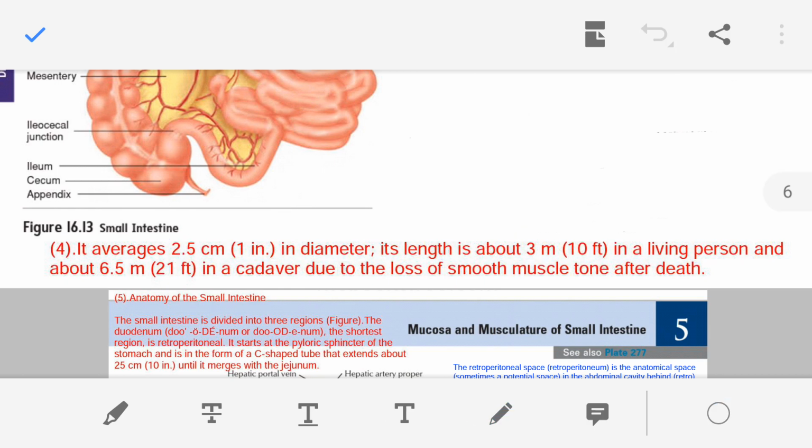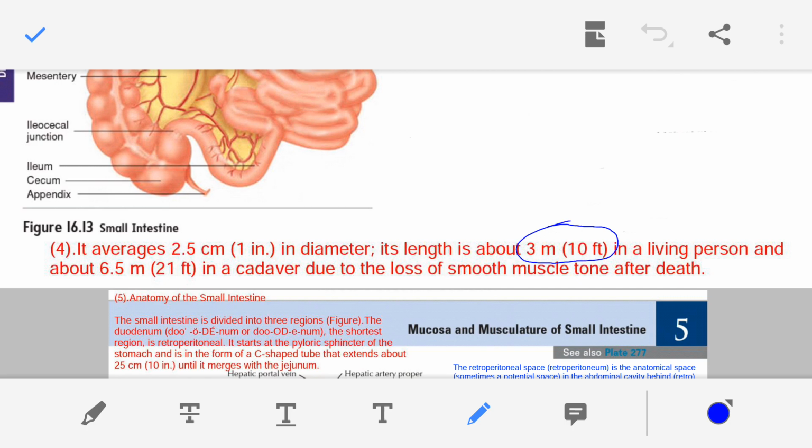The person who is alive, in that person's body, the length of the small intestine is 10 feet, that means 3 meter. But in case of the cadaver, that means the dead bodies, the length of this small intestine is 21 feet, that is 6.5 meter.